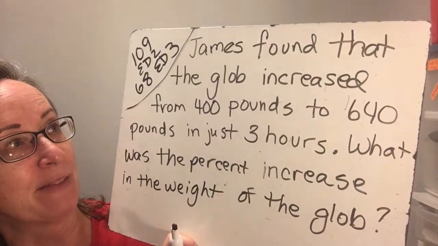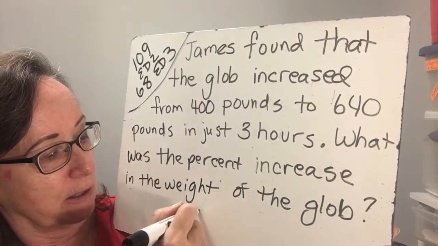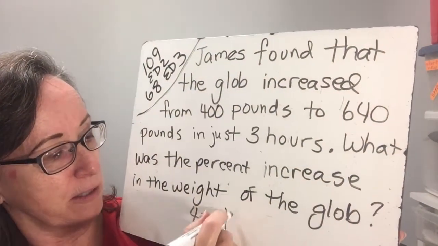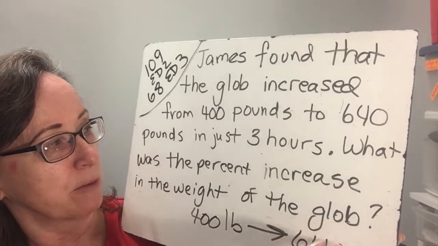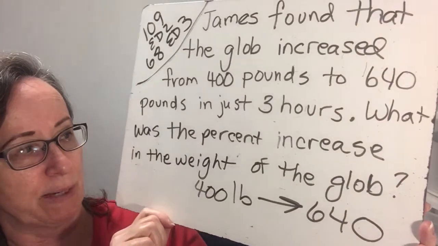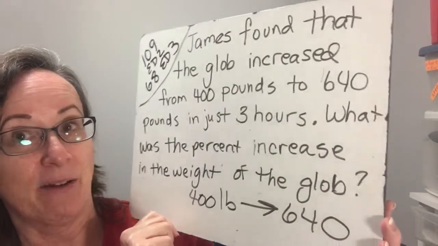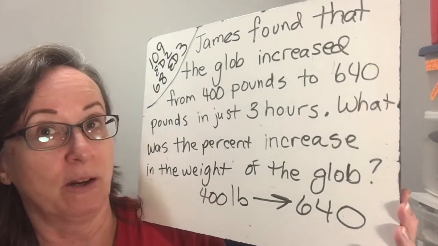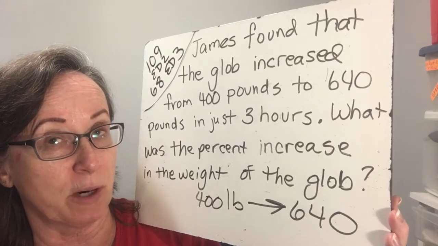So James found that the glob increased from 400 pounds to 640 pounds in just 3 hours. What was the percent increase in the weight of the blob? Now, this problem right here, we can do with our percent increase formula.